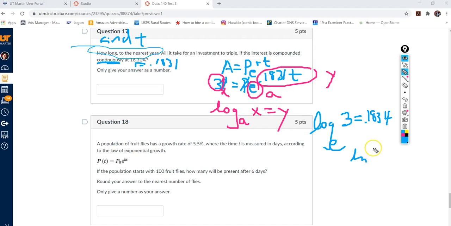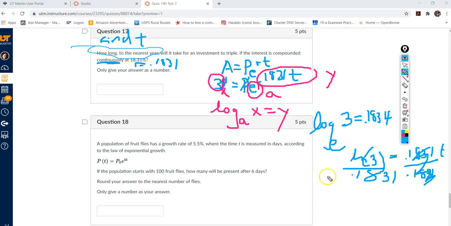So ln of 3 is equal to 0.1831 times t. And now divide both sides by 0.1831. So those will cancel and you'll be left with t.